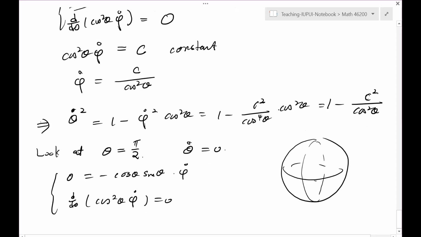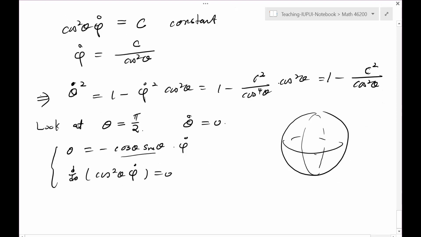And I think both are automatically satisfied because theta is pi over 2. So on this part, the left hand side is 0, and cosine pi over 2 is always 0. So those two equations are satisfied automatically.